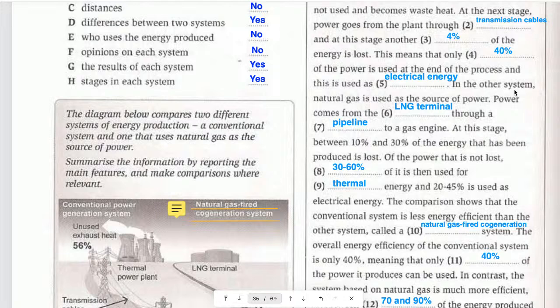Next. In the other system, natural gas is used as a source of power. Power comes from the LNG terminal through a pipeline to a gas engine. In the other system, I mean the system on the right side here, natural gas is used as the source of power. Power comes from the LNG terminal through a pipeline to a gas engine. Now, the first sentence: in the other system, natural gas is used as the source of power.